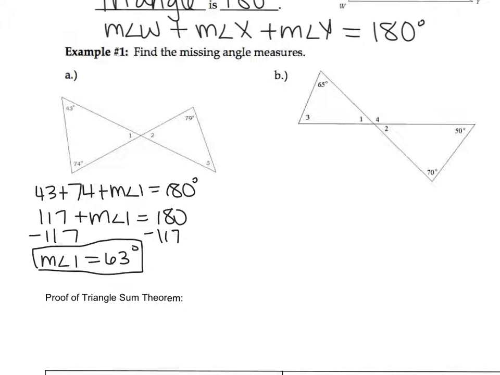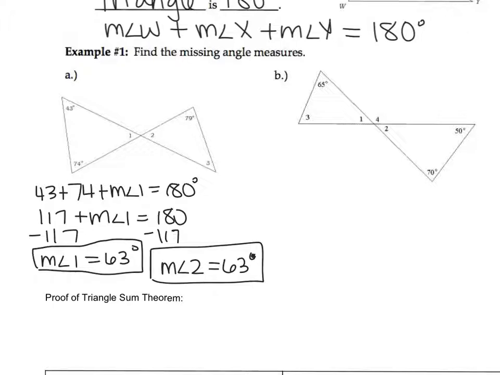Next, we want to solve for the measure of angle 2. Well, angle 1 and angle 2 are vertical angles, and as already discussed, vertical angles are congruent, which means they have the same measure. So that tells us the measure of angle 2 is also 63 degrees. That just leaves us with finding the measure of angle 3.